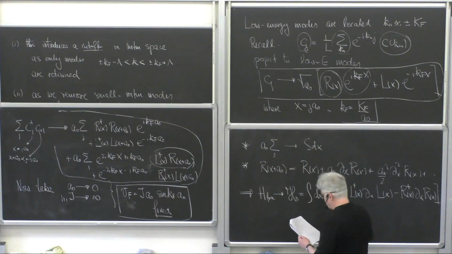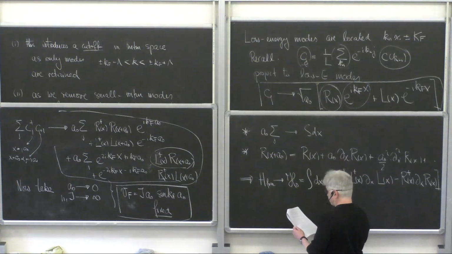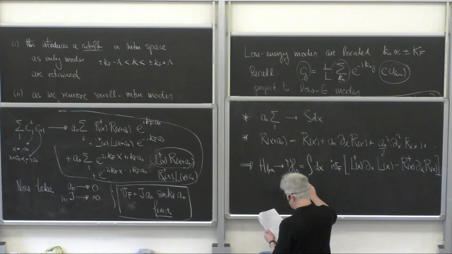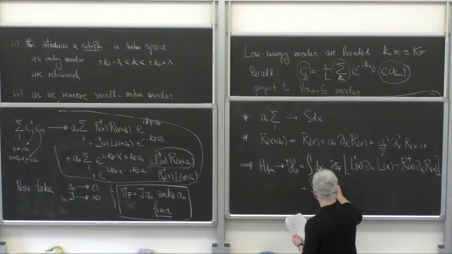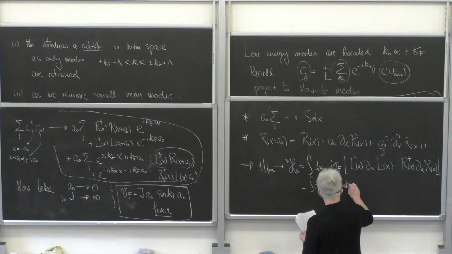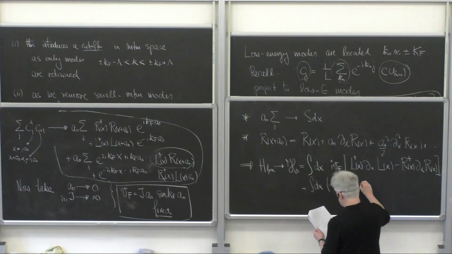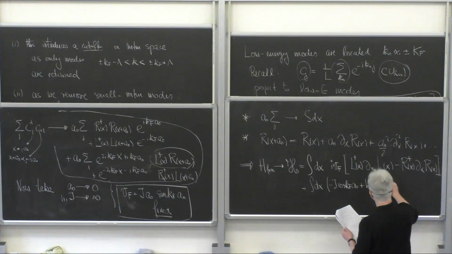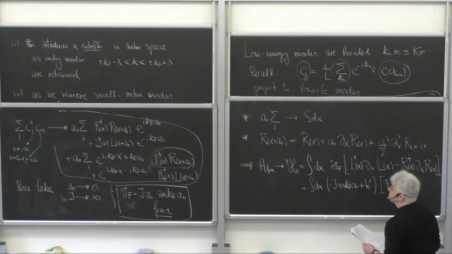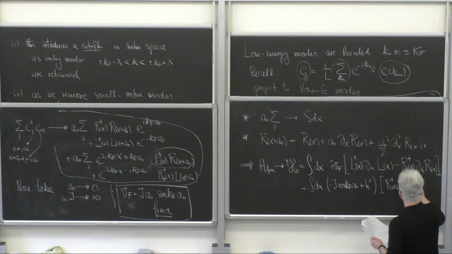And then you would have actually the leading term, which would be plus the integral dx, let me just write this down, minus J cosine(kF a naught) plus h prime, times right dagger of x right of x plus left dagger of x left of x.